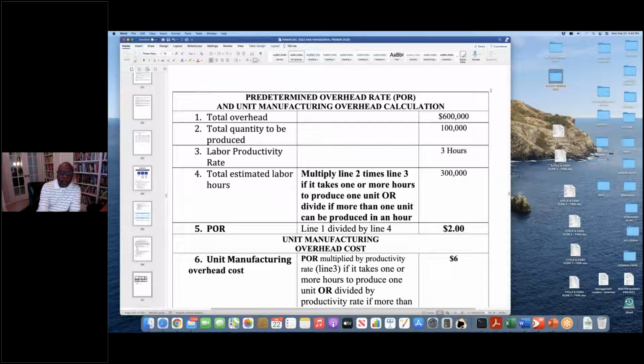You said if it takes 1 or more hours. Remember, it was 3 hours. It took us 3 hours. But suppose we could make 10 items in an hour. So instead of it taking us 300,000 hours, it would simply take us, let me see if I can add a column.